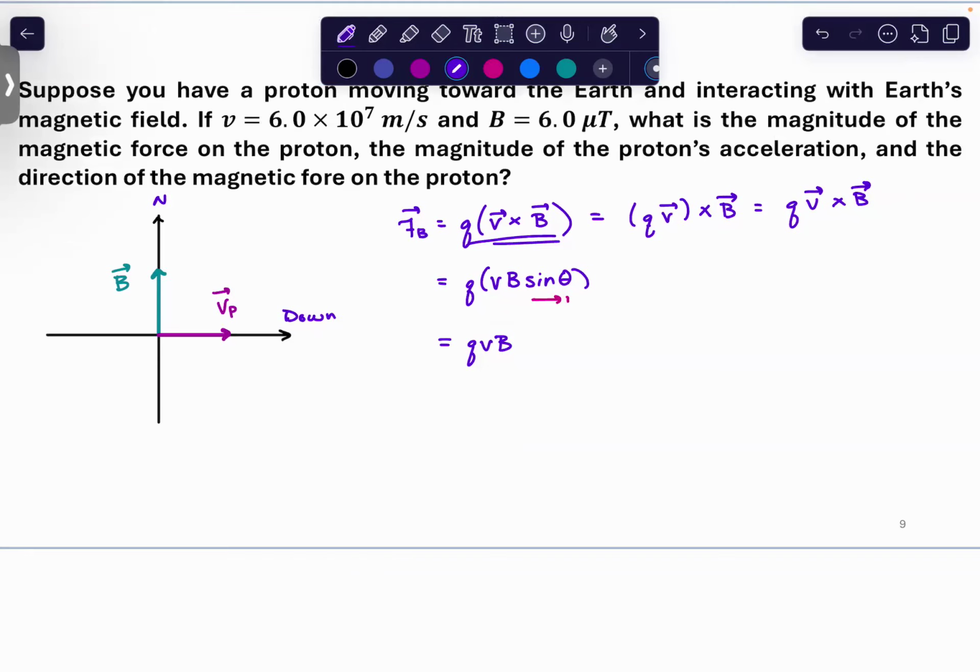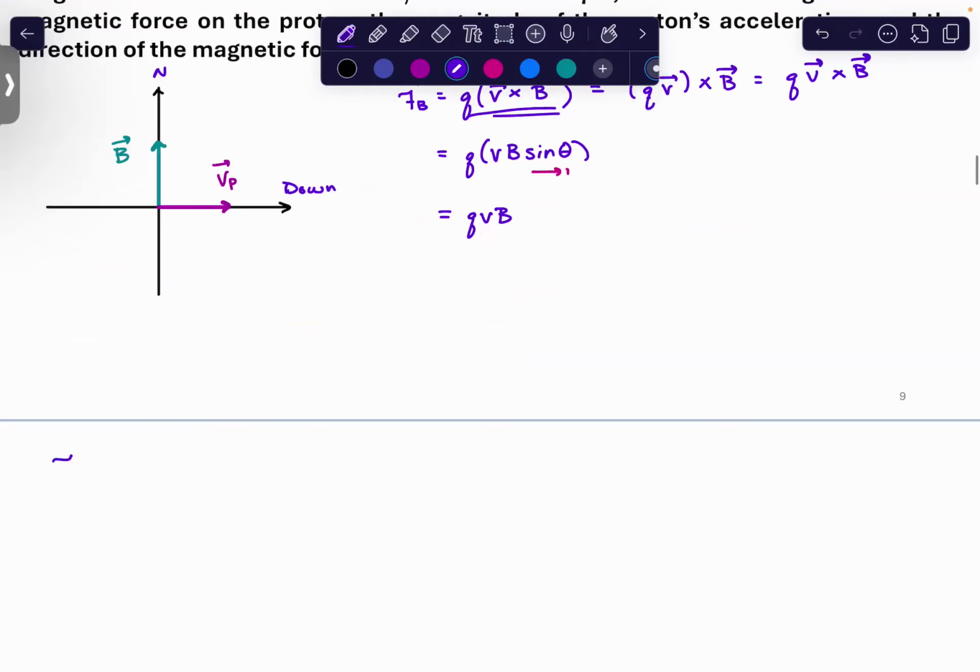Okay, so that means, and since everything is in SI format, what units will this come out in?